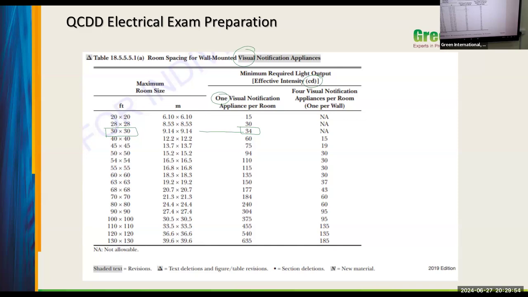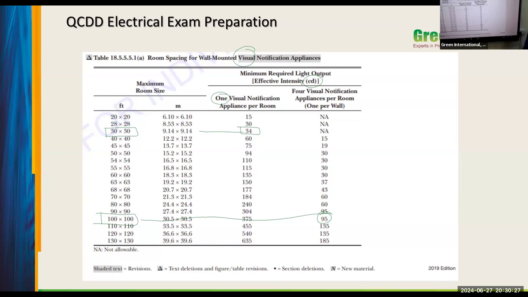In your exam, they give different room sizes. Suppose they ask you have a room 100 by 100. If you are supposed to use 4 visual notifications, what is the capacity of each one? So 95, 1, 2, 3, 4.